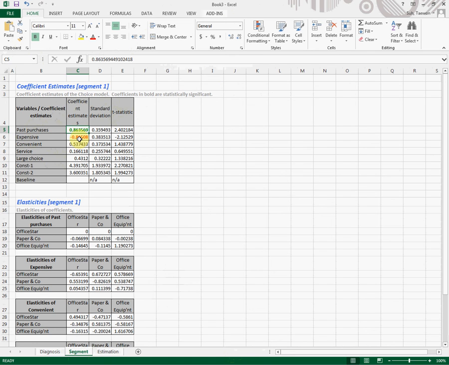So y equals, for example, b0 plus b1 x1, the first variable, plus b2 x2 plus b3 x3 plus b4 x4 plus b5 x5. And then we can input the b's from these numbers.